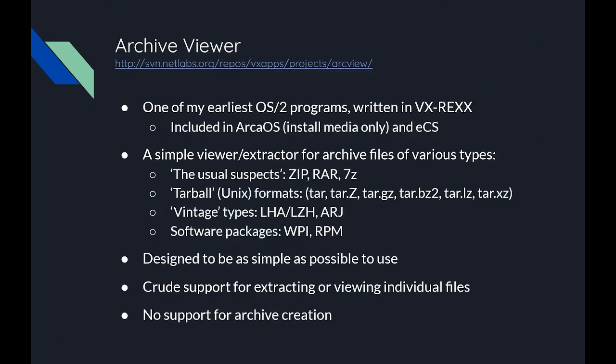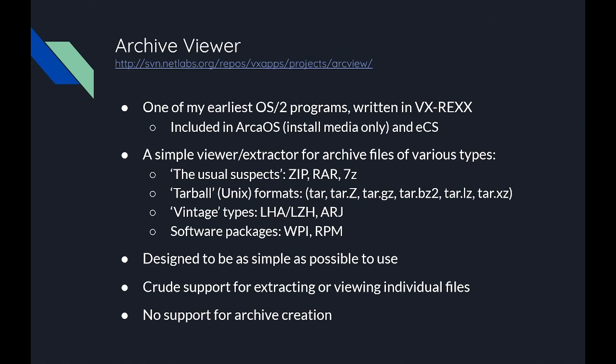So I'll start with one that most of you probably have seen, and that's Archive Viewer. This is a bit of a sentimental entry because I think this was the first OS/2 program, or at least the first graphical OS/2 program, that I actually wrote. I wrote the original version of it, I think, back around 2000.